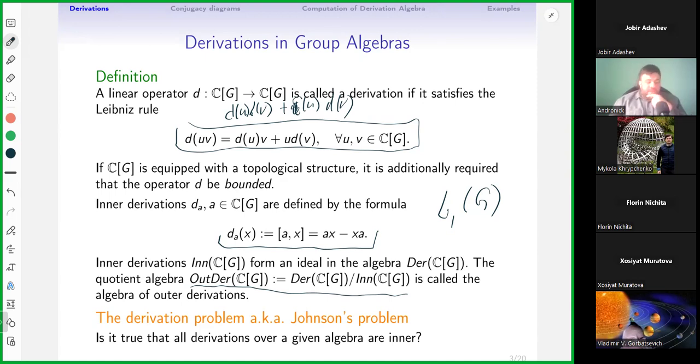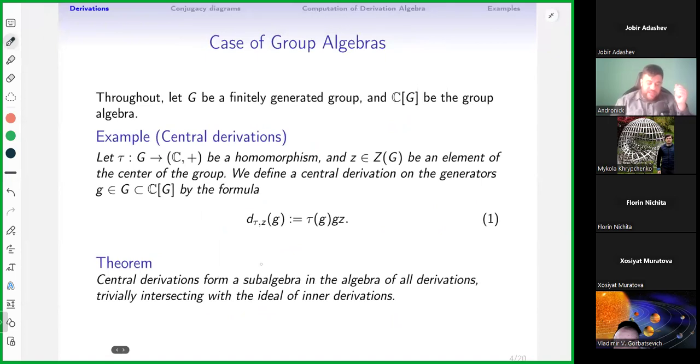And another question. When we started investigating this problem with Professor Mishchenko, we found out that for common group algebras, there are outer derivations, and you can find examples in a very easy way. For example, we call them central derivations, operators which are given by this formula here.